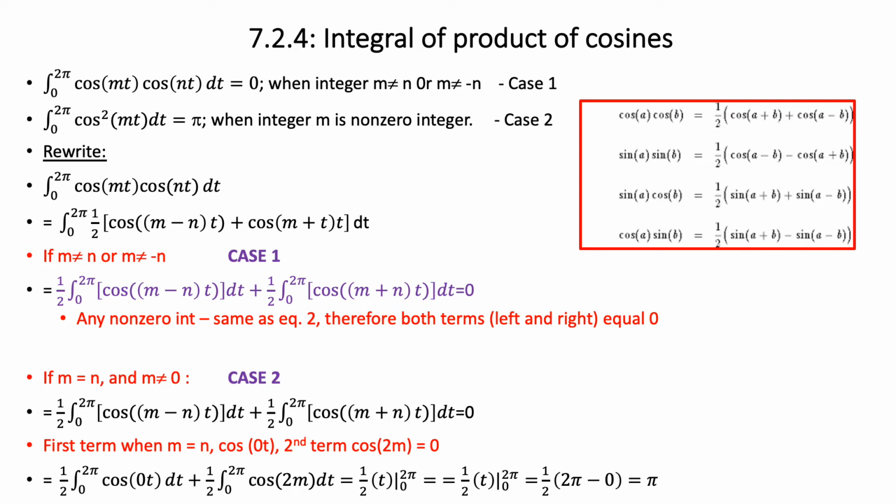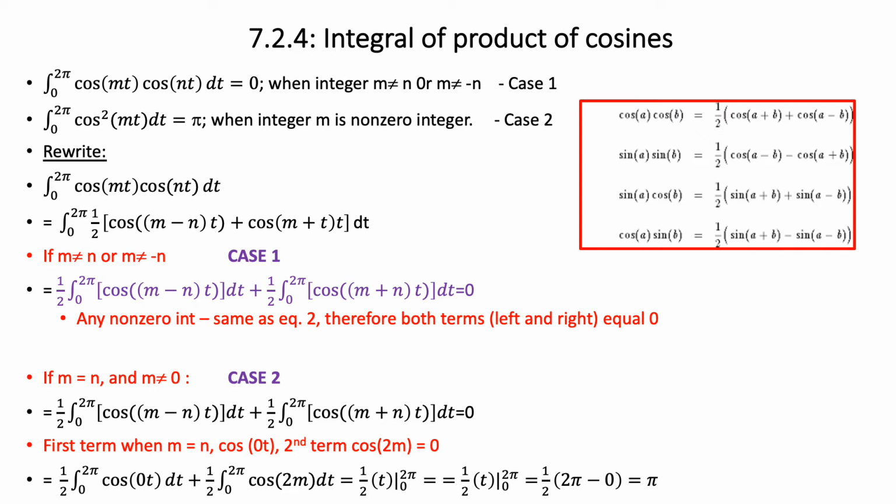Again, we have two cases. First is if m is not equal to n or m is not equal to minus n. When we integrate both terms, any non-zero integer is equivalent to equation 2. Therefore, both the left and right terms equal 0.